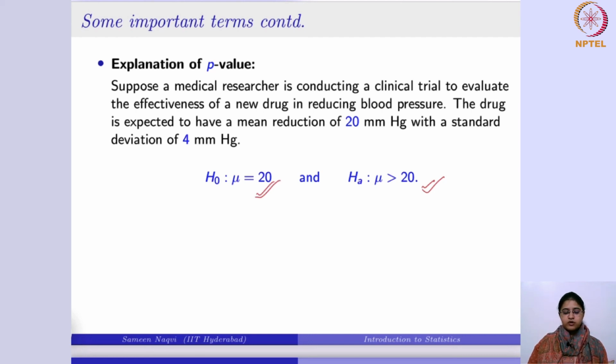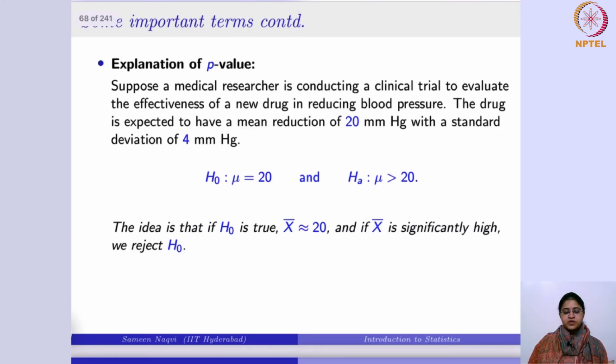In that case, you will take the sample mean, and if the sample mean comes out as approximately 20, then you would say that your null hypothesis is true and you fail to reject it. And if it is high, suppose it comes out as 29 or 30, then you would say that this is significantly high and you reject the null hypothesis, right? You would say that the alternative is correct.